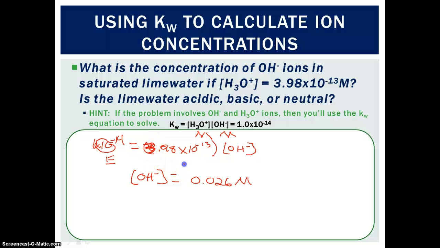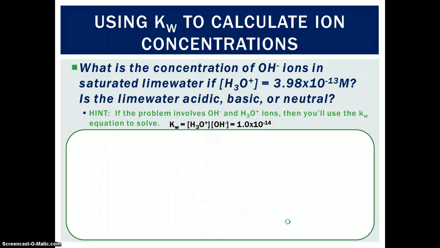So what it really means is 0.0000000000003 with this many zeros until you get to 398. So this is a really small number, whereas this is still a small number, but a relatively large number. So the hydroxide ion concentration is greater than the hydronium ion concentration. So this is a base.